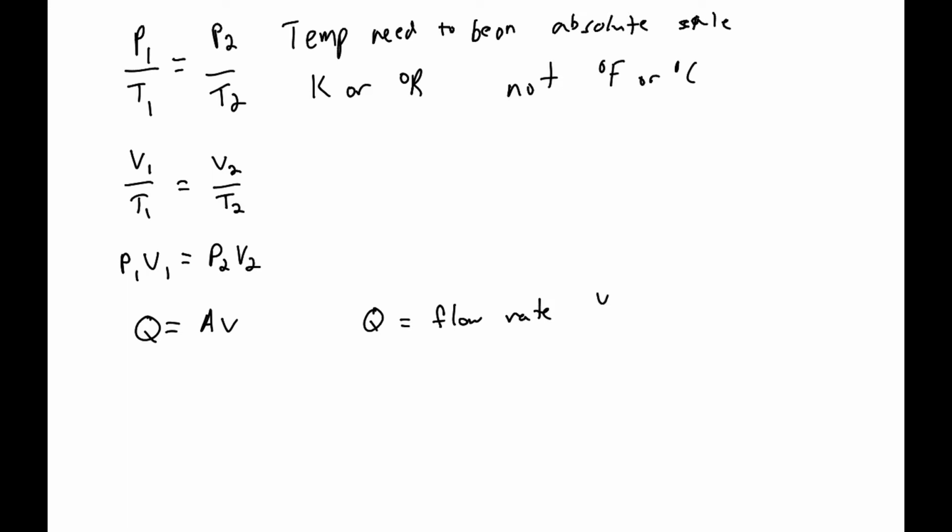That's going to be in some volume over time. So an example would be like gallons per minute or inches cubed per minute or something like that. A is area. Actually, I should call that A is cross-sectional area.